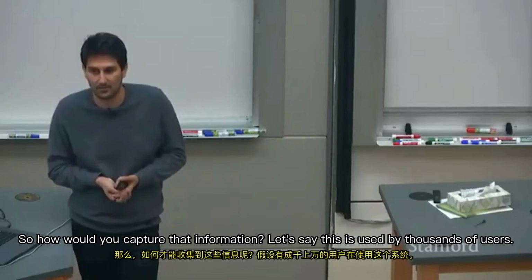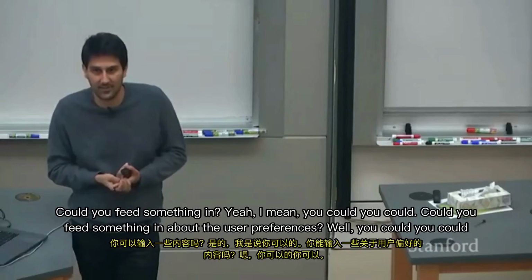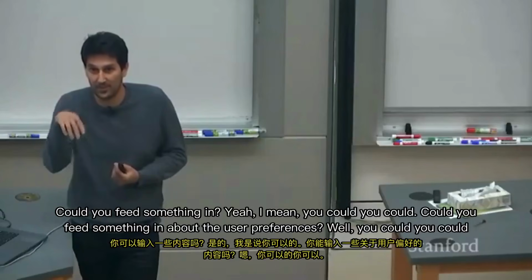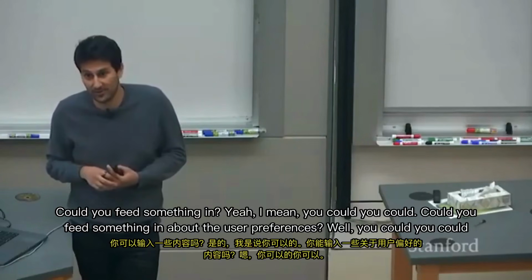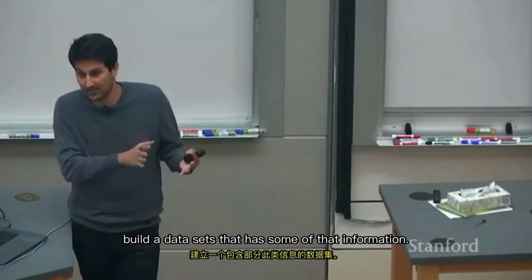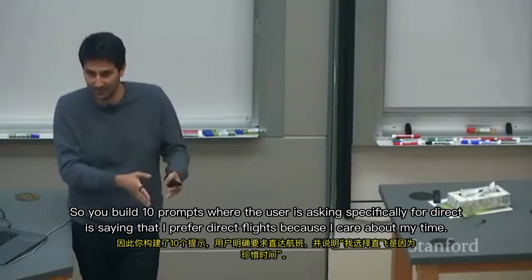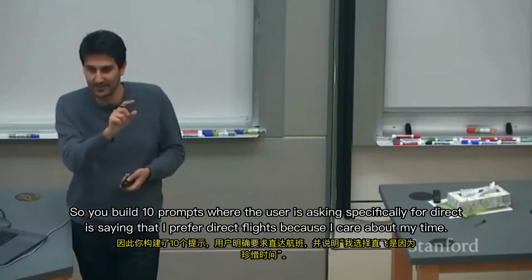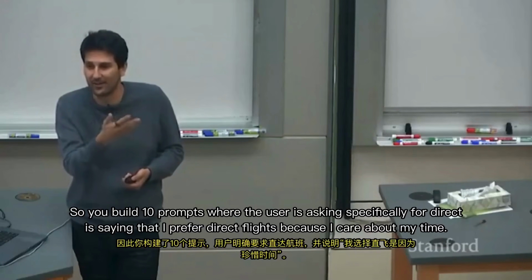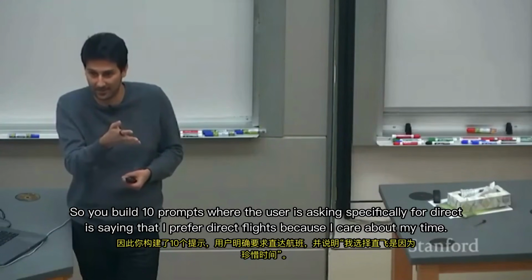Could you feed something in about the user's preferences? Well, you could build a data set that has some of that information. So you build 10 prompts where the user is saying that I prefer direct flights because I care about my time, let's say.